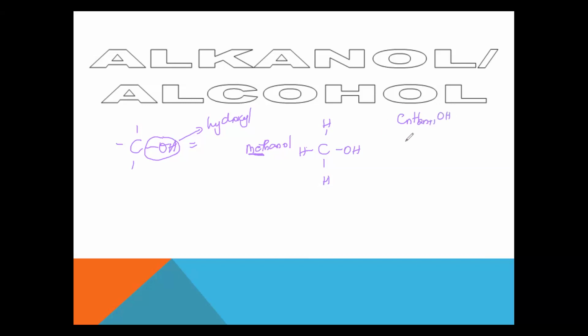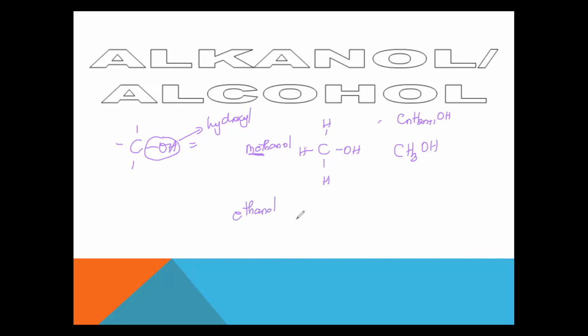So the formula for methanol is CH3OH. How do we get this? n is 1, so C1, we don't write the 1. 2 times 1 plus 1 is 3. So it's CH3OH. That's methanol.